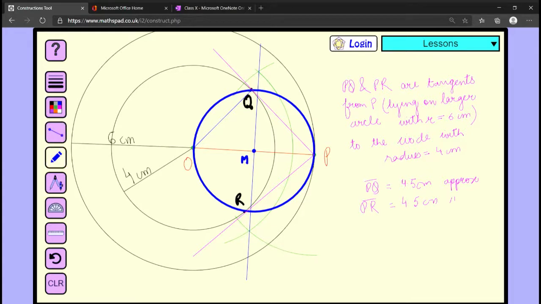And this is a right angle, because this is an angle in the semicircle, and this here is a right triangle. I'm going to apply Pythagoras theorem. The length of OQ is 4 centimeters because this is the radius of the smaller one out of the two concentric circles. The length of OP is 6 centimeters and we want to find out what should be the length of QP.